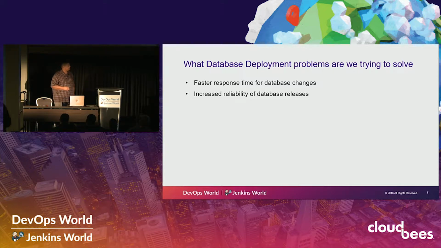So another issue that we're trying to address is increased reliability of database releases. If you take a look at the manual deployment process, there were 3 areas where there was human interaction where something could go wrong. The first is where the developer stages the SQL scripts and puts them in a staging area.